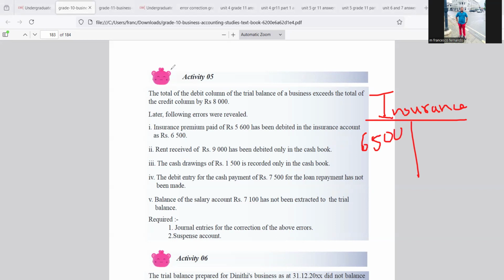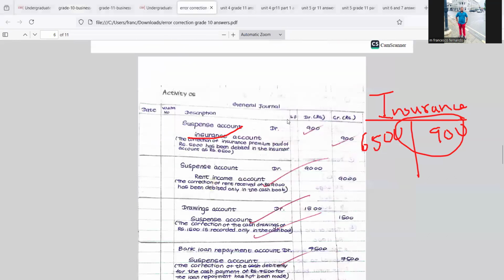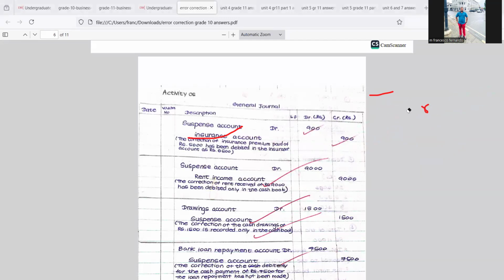So what is the difference? 6,500 minus 5,600. So 900 is excess, right? So if you credit 900 here to the insurance account, you can get the original value 5,600. So insurance account credit by 900, where to debit? Suspense account. Suspense account debit by 900.